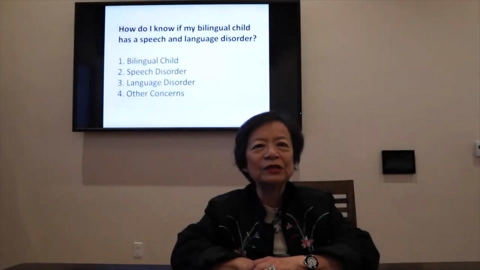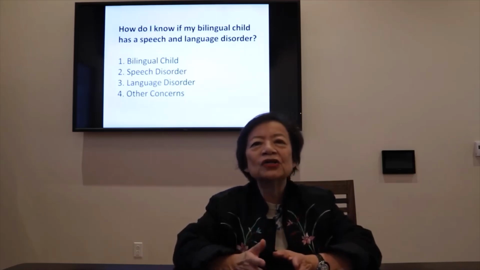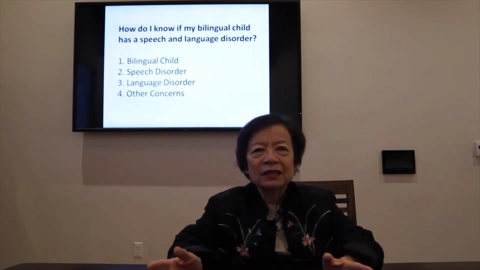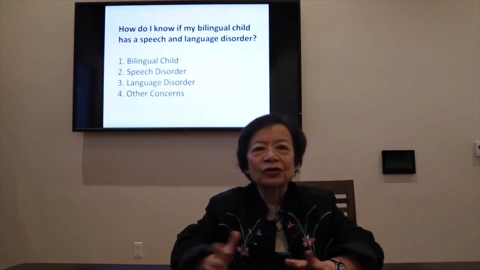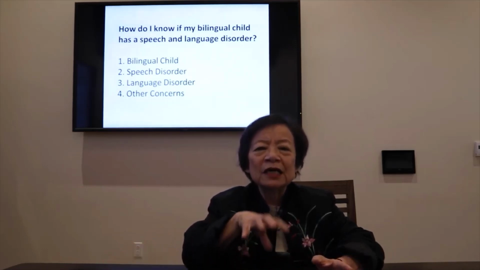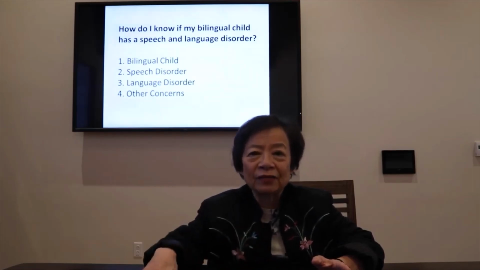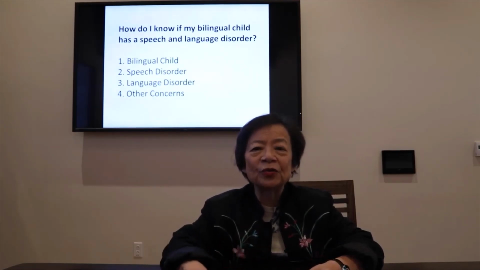Now we get to the fourth topic, and I call it other concerns. There are just so many areas that I would like to talk to you about, but more importantly, I'll just specify at this time the few concerns that I have. Let me first start with hearing.